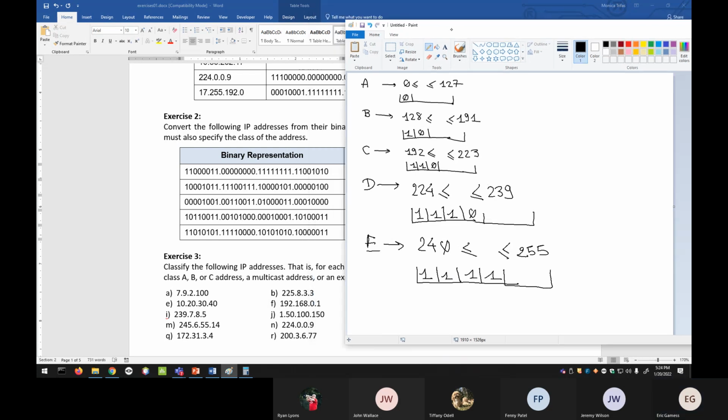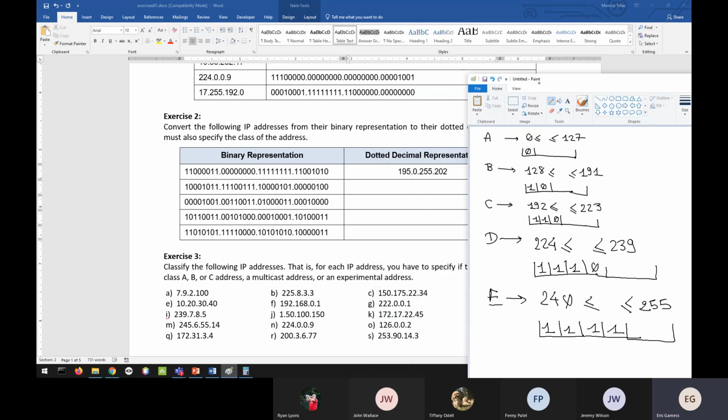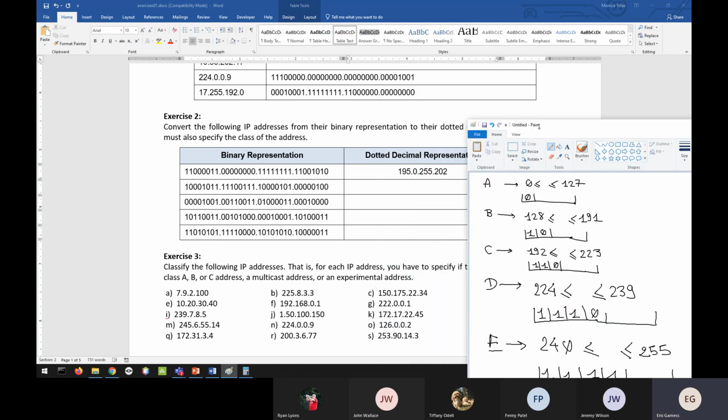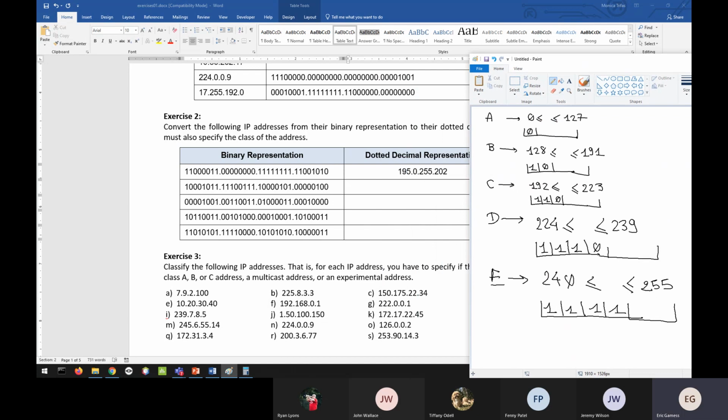So look, if you look at our first example, 195 is the first byte. Is 195 between 0 and 127? No. Is 195 between 128 and 191? No. Is 195 here? Yes, it is here.